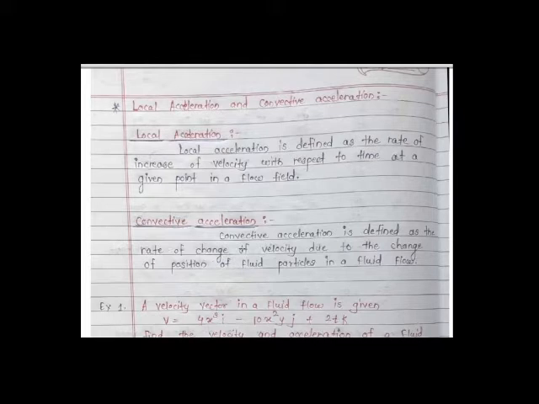Now our next point is local acceleration and convective acceleration. So local acceleration is defined as the rate of increase of velocity with respect to time at a given point in a fluid flow.